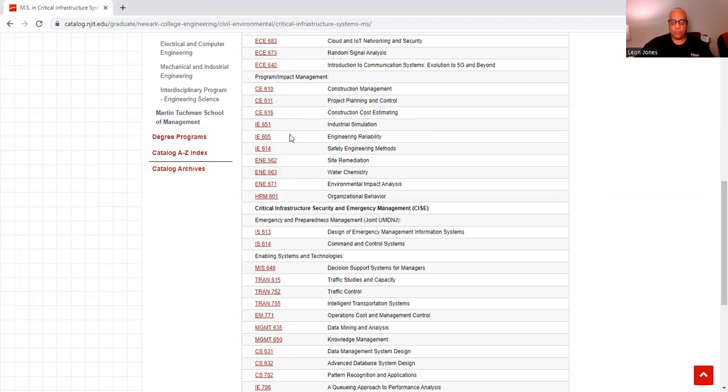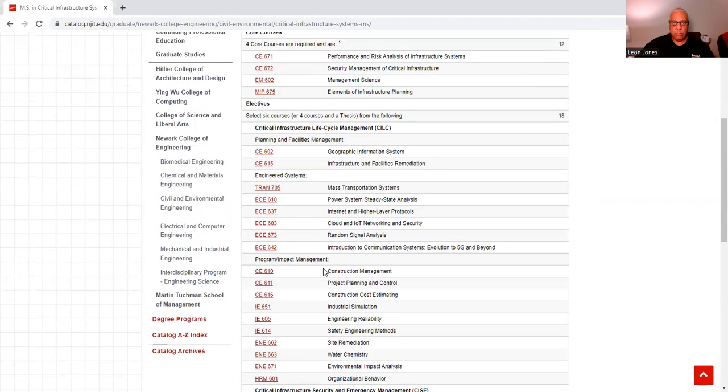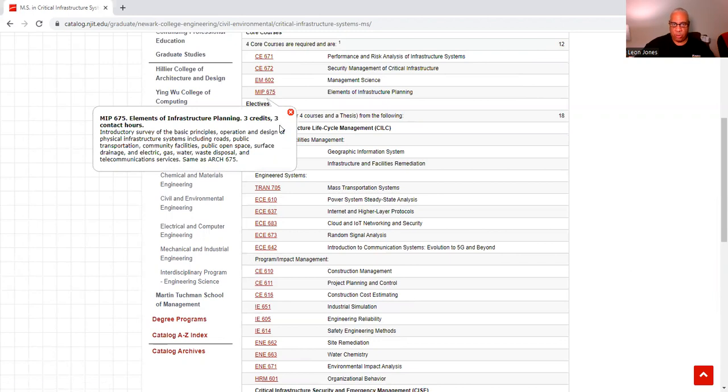Now, again, very good curriculum. It's an interdisciplinary type of curriculum, and it involves electrical engineering, industrial engineering, environmental engineering, information systems, transportation, management, civil engineering. Also involves elements of infrastructure planning. Good course. I took that course as well.